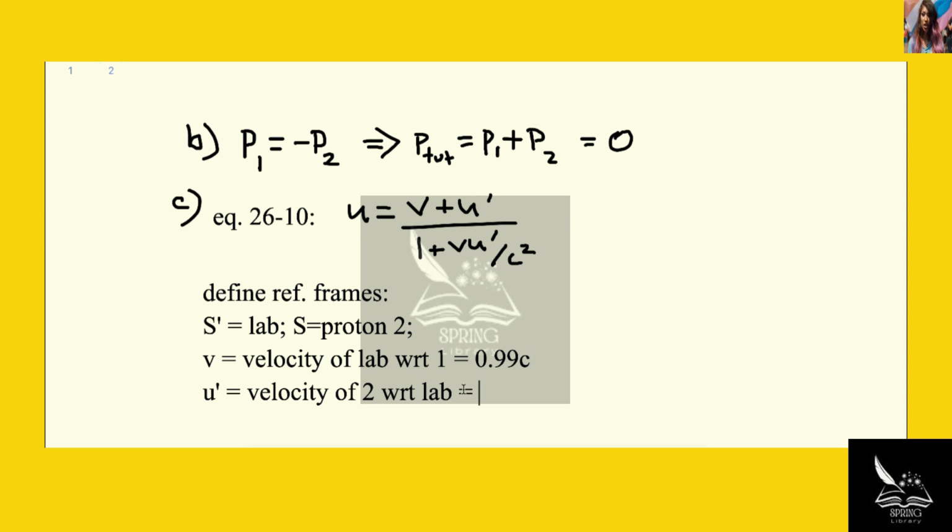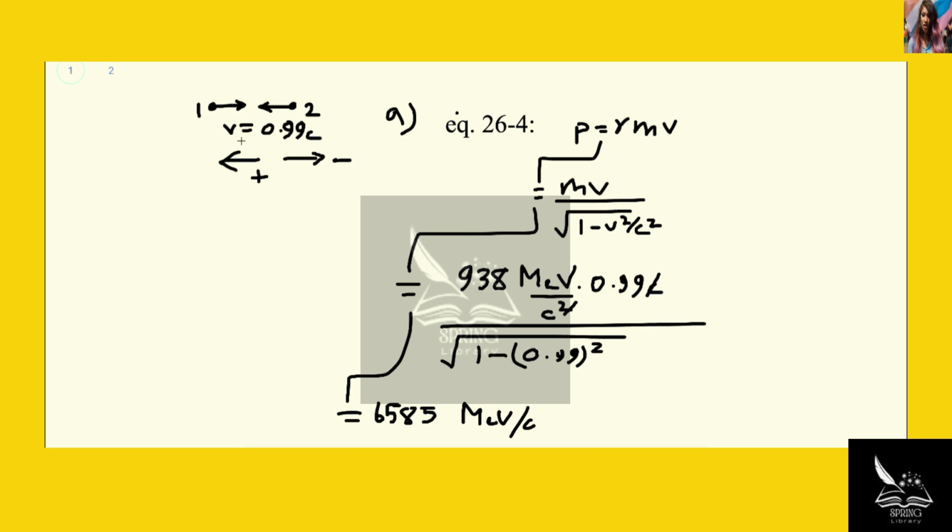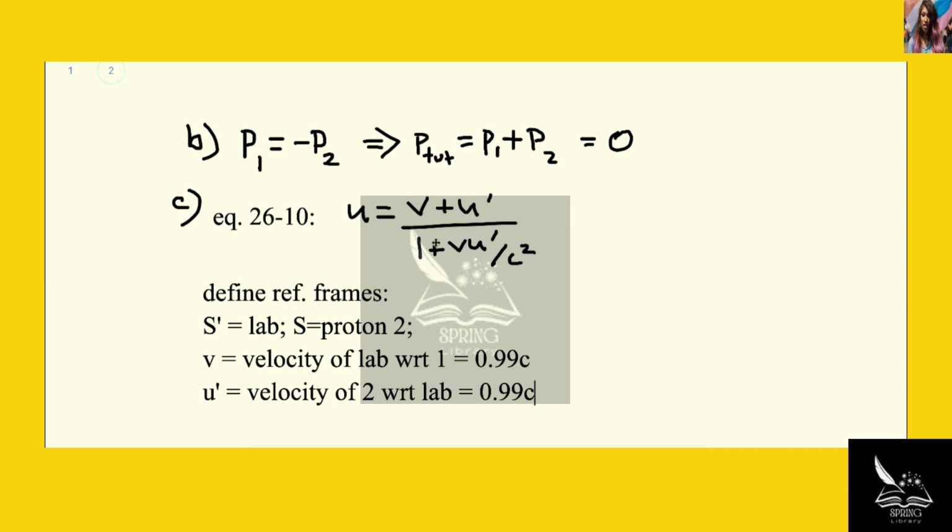And u prime, which is the velocity of 2 with respect to the lab, is also 0.99 c positive, which is because in the stationary frame of the lab, 2 is moving towards it, which is in the positive direction, with, of course, its speed 0.99 c. And so all we have to do now is find the velocity of 2 with respect to 1.